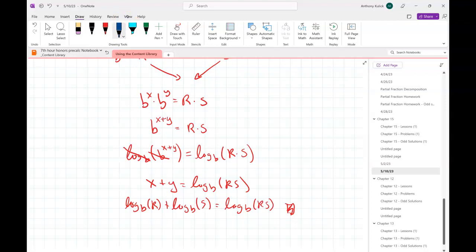So where was the critical step here? It was using that property of exponents to rewrite the product of two exponentials as the sum of their exponents.